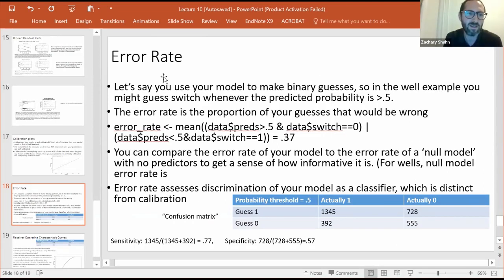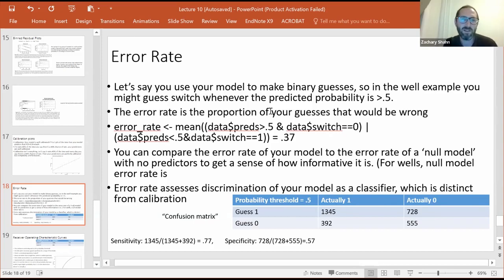So another thing that you might want to look at is error rate. For example, let's say you use your model to make binary guesses. In the well example, you might guess who's going to switch, or you might guess that someone will switch whenever the predicted probability is greater than 0.5, but you're not focusing on your probability estimate. You're just focusing on a yes/no guess.